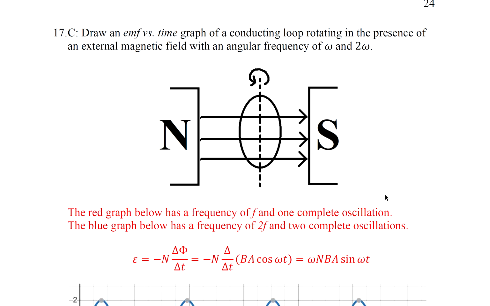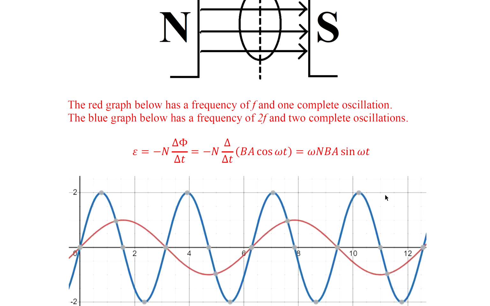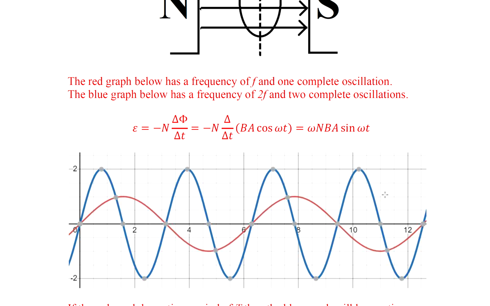Question 17, draw an EMF versus time graph of a conducting loop rotating in the presence of an external magnetic field with an angular frequency of omega and 2 omega. So angular frequency is related to the number of cycles per second. The red graph below has a frequency of F and 1 complete oscillation.